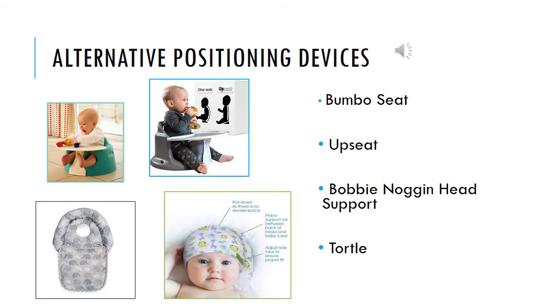On the right-hand side is what is called a Chortle. So this is a cap that goes on the child's head, and there is a little mohawk or tail of sorts that you can alternate to either side. And this helps provide a passive stretch on the baby's head, so it can be used in combination with torticollis as well. And it really is there to help prevent plagiocephaly from happening.